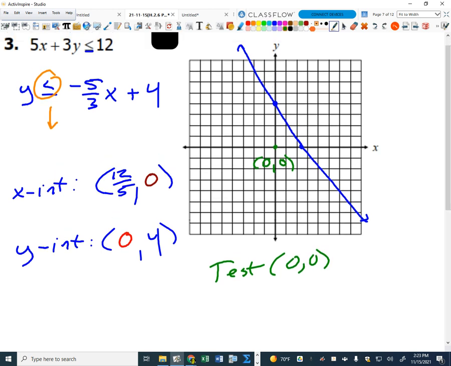If I plug 0 in for x and 0 in for y, what do I get on the left side of my inequality? 0, right? So I get 0 is less than or equal to 12. True or false? True. So I'm including 0, so I'm going to shade towards 0, right? Okay, so there's one way we could do this.